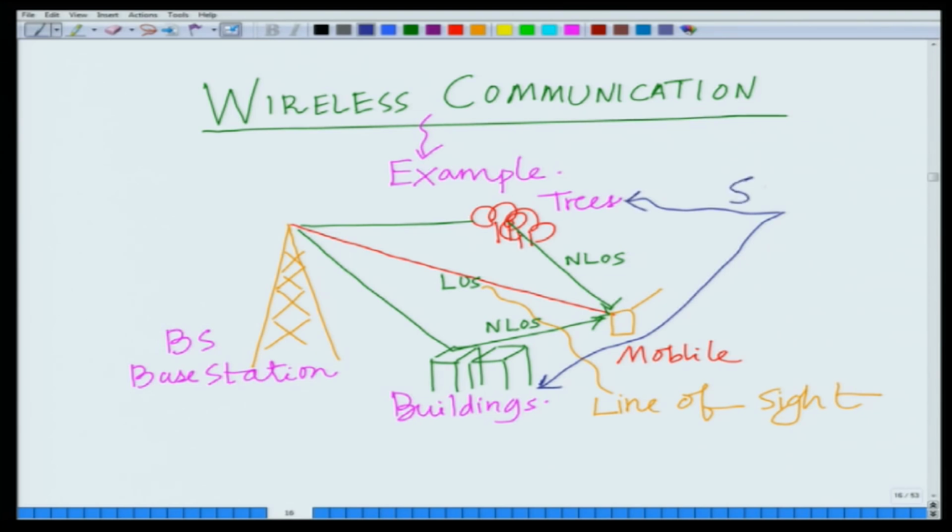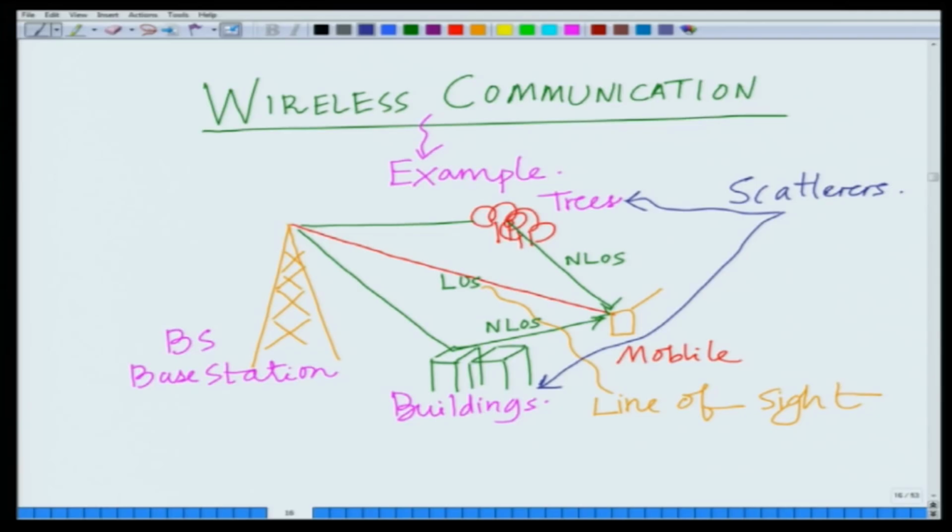These are known as scatterers, which basically scatter the transmitted signal. So, from these scatterers, there are several scattered signal components or several reflected signal components, which deflect the transmitted wireless signal, and the deflected signal components also arrive at the mobile.